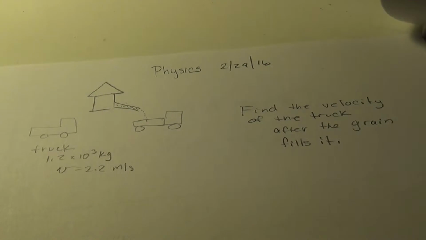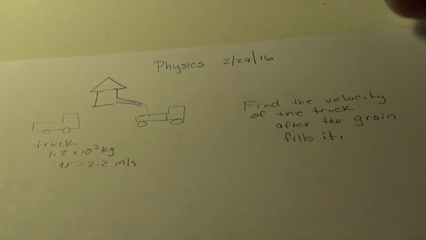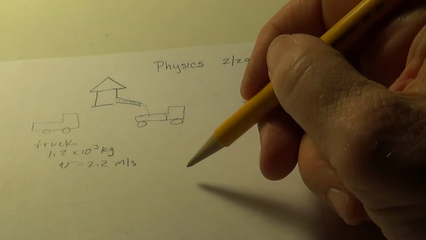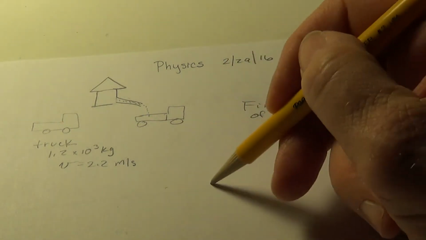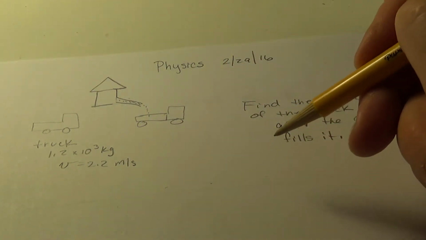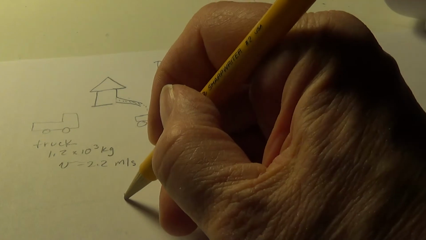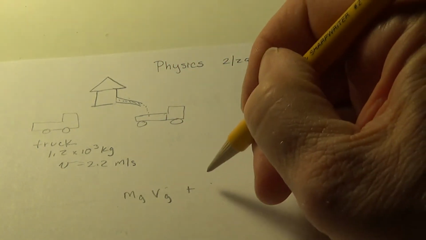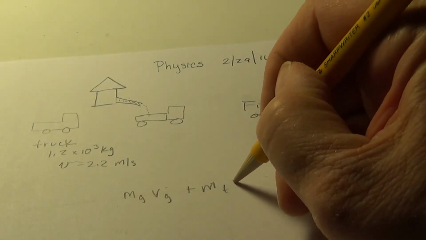Alright, so now we're going to actually set this up. So is this like the momentum equation before? Is it two objects and then one, or is it one object and then two? Alright, the correct answer to that is we are going to set up mass of the grain, velocity of the grain, plus mass of the truck, velocity of the truck.